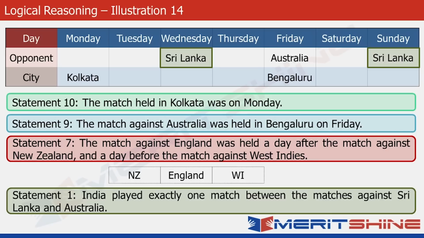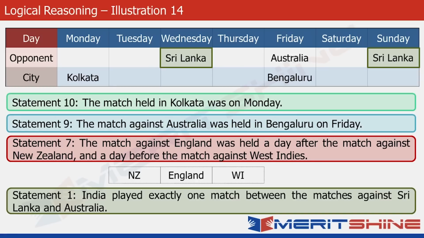Now we'll use the New Zealand, England, West Indies block that we had created a while back. If we assume for a moment that the match against Sri Lanka was held on Wednesday, then there is no place in the structure to put this block. This block would need 3 consecutive vacant spaces. So if Sri Lanka happens on Wednesday, there will be no such place in the table.